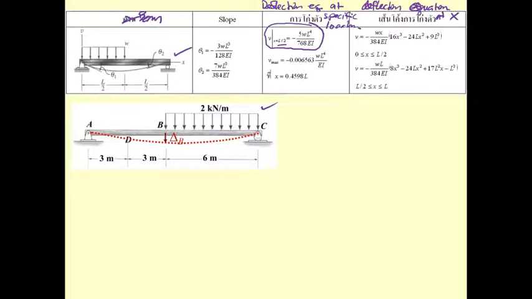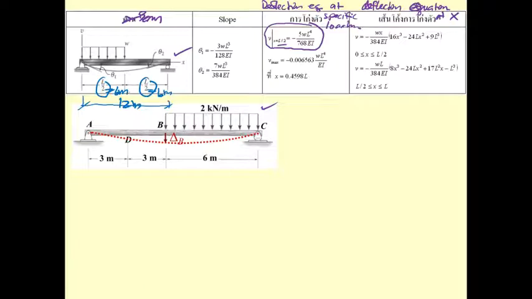If you consider this one, we have L over 2 and L over 2. So L over 2 is 6 meters and 6 meters, and the total length L of this beam is going to be 12 meters. And what do we have next?